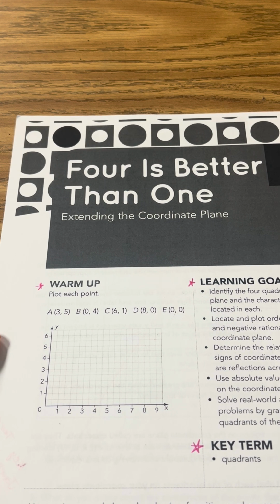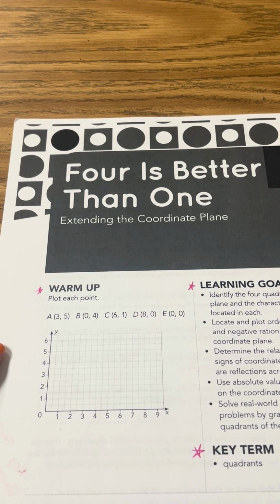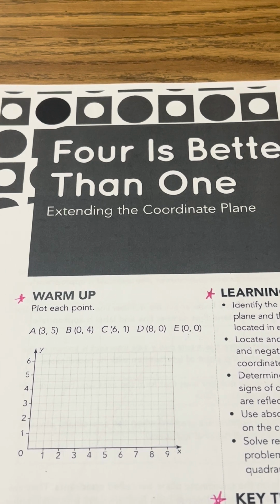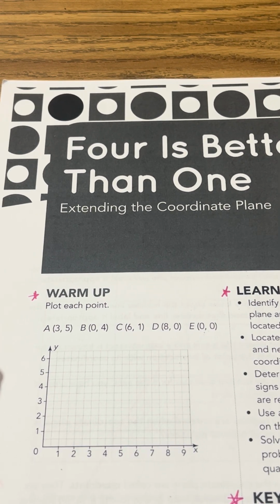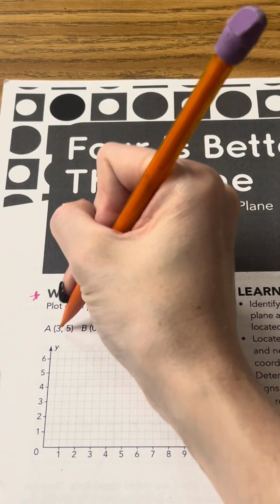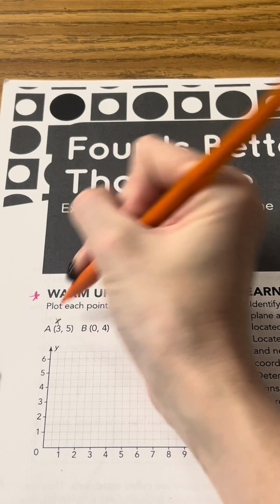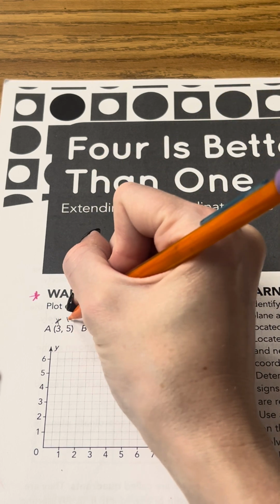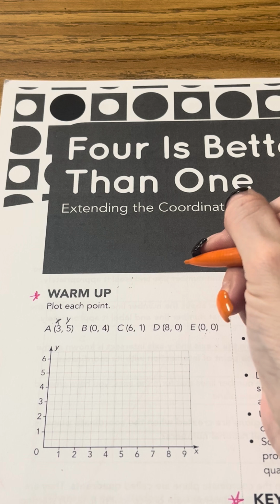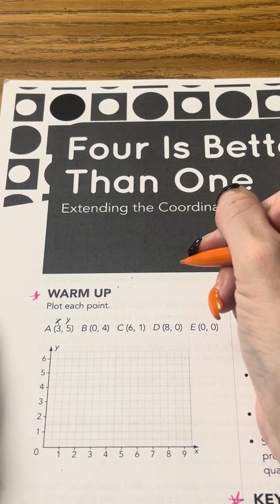The warm-up says plot each point. As we've learned in the past, when we're talking about coordinates, it's always going to be x, y. So this first number for A is x, and then the second number is for y. So that's x, y for every single one of these.